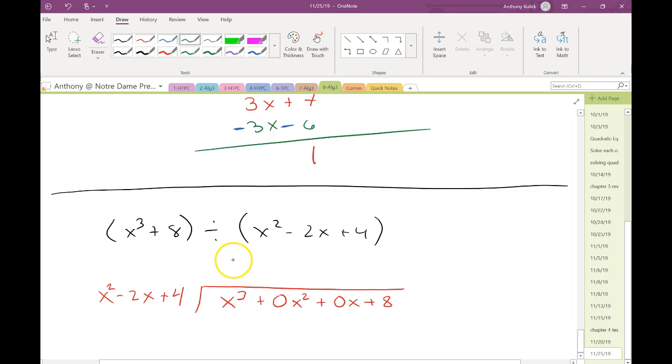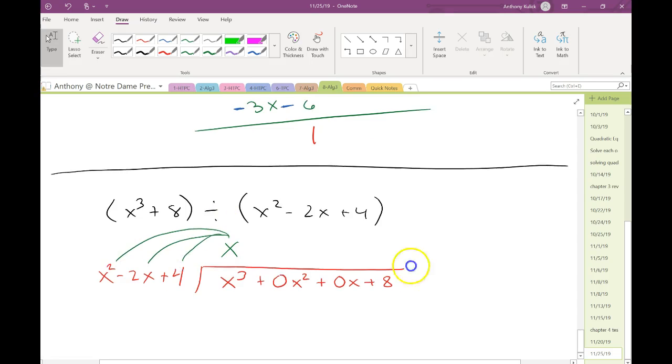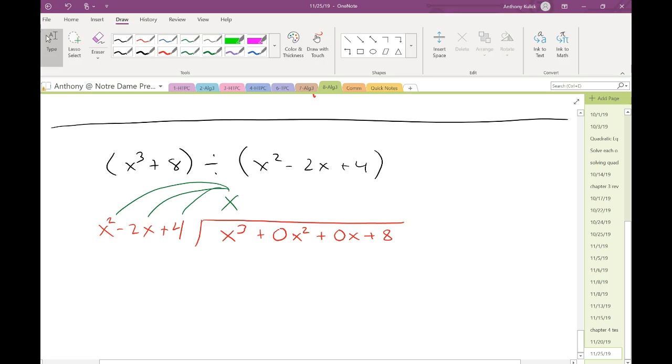Okay, so we're going to ask ourselves, what times x squared gives us x cubed? X. Good. Then I'll multiply that x to all parts of the divisor. Too many D words here. And we'll subtract down.